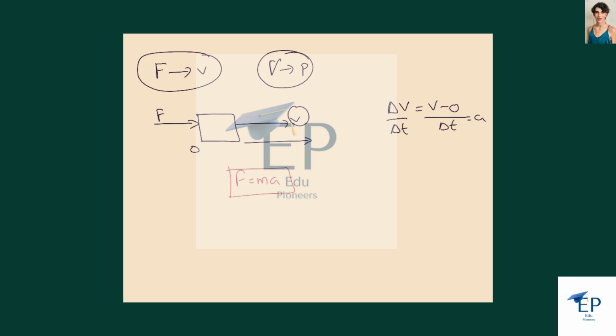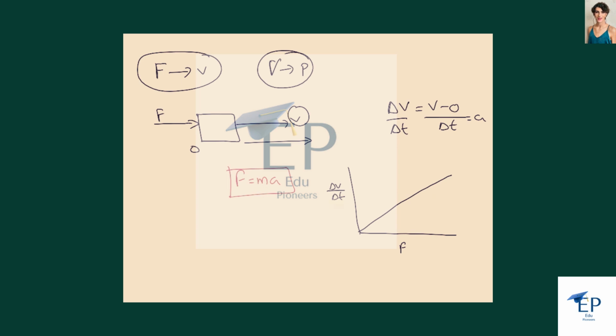If you go further, you can see that the change in velocity, that is delta v by delta t, with force will be linear like this, right? So the slope of this line is a.